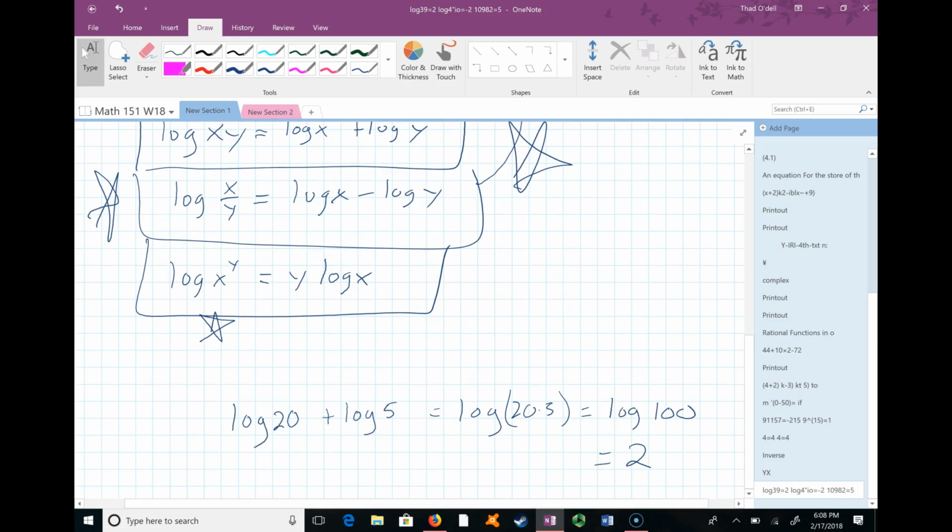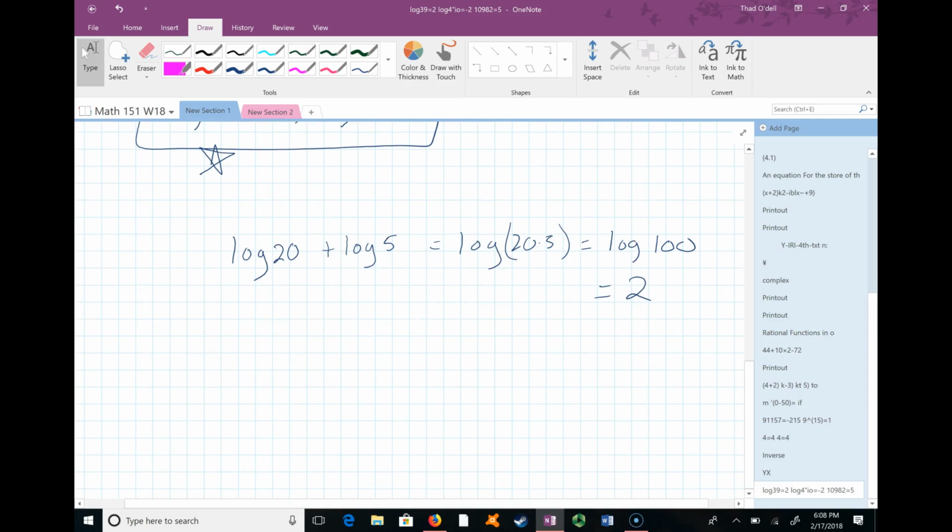Okay? I think there are a couple of homework assignments that give you something crazy like this, like log of x plus log of y squared minus log of z or something like that. And they say to write that as just one log.